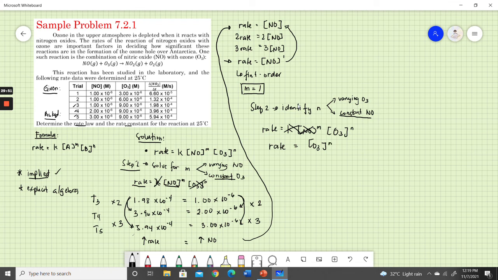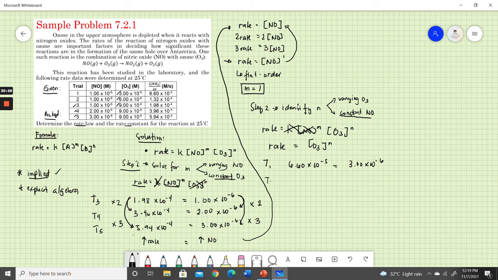So now let's look at the trials wherein the O3 is varying. And if you notice, the trials where O3 varies are trials 1, 2, and 3. Right? Okay, so for trial 1, we see that the rate is 6.60 times 10 raised to negative 5, with a molar concentration of 3 times 10 raised to negative 6.